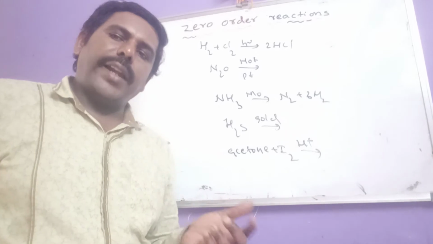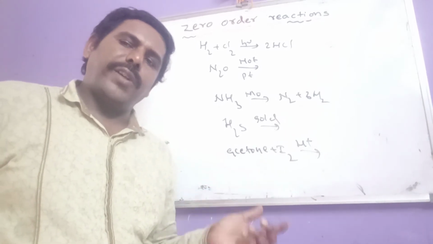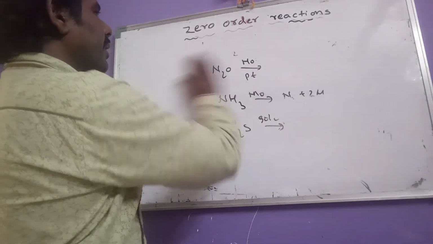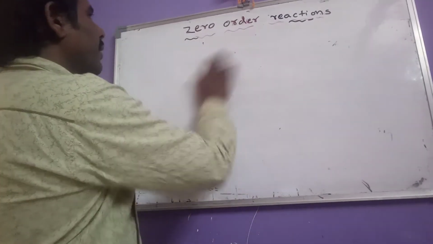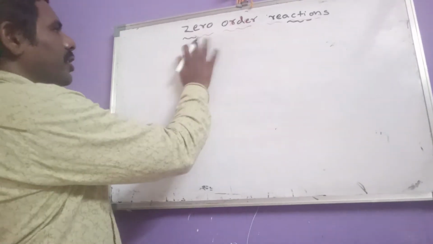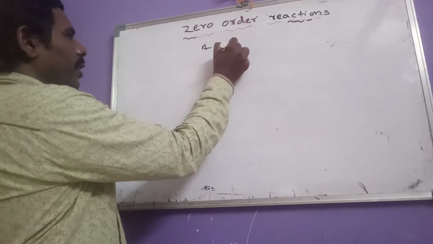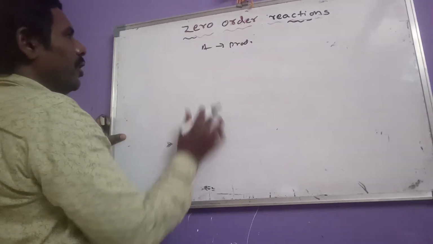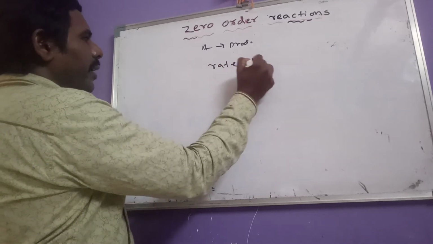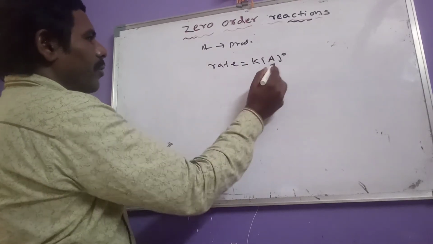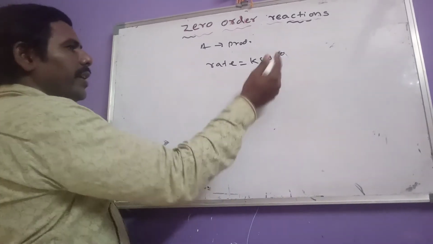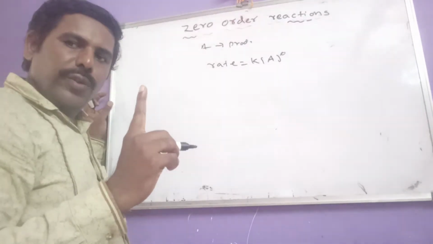What is the rate constant expression for zero order reactions? So how do we determine that rate constant expression? See here first. For example, consider a reaction A gives products. For zero order kinetics, rate equals K into A to the power 0, and A to the power 0 is 1.